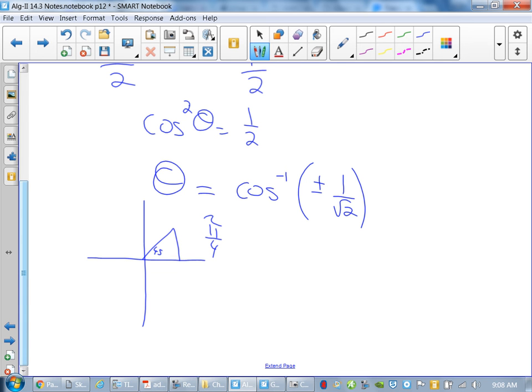It's all 4 of them, because cosine's positive in 1 and 4, cosine's negative in 2 and 3. So your answers will be pi over 4, 3 pi over 4, 5 pi over 4, and 7 pi over 4 within one revolution.